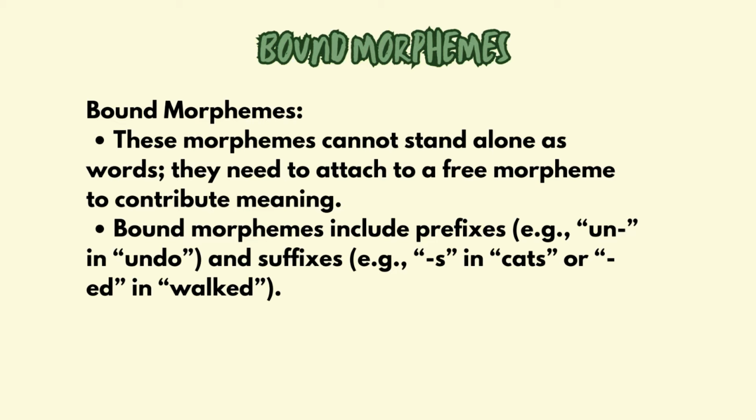Bound morphemes are often used to change the meaning or grammatical function of a word, such as indicating tense, plurality, or negation. So basically, free morphemes are complete words by themselves, while bound morphemes modify or add meaning to free morphemes but cannot stand alone.